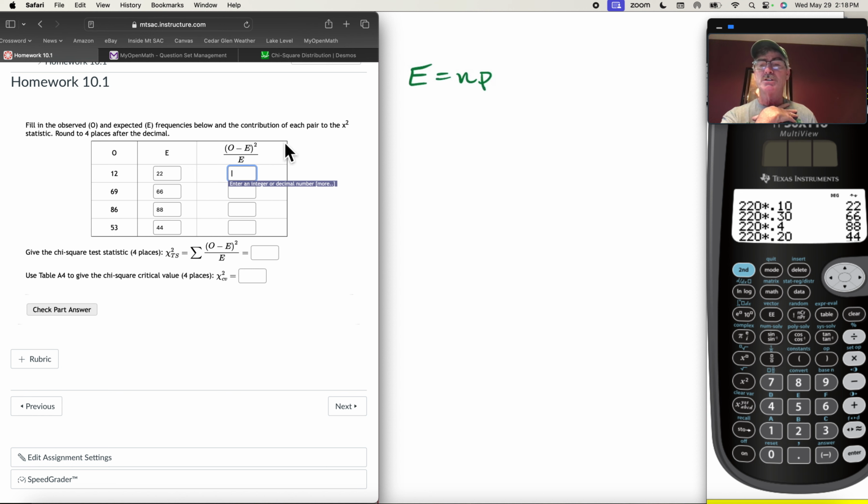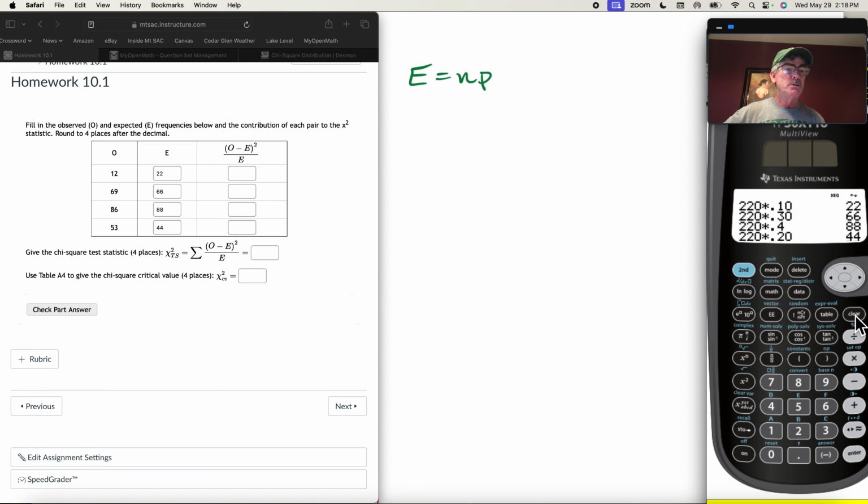For the chi-square statistic, you have to do O minus E squared over E for each of these categories, and it wants 4 places after the decimal here. So I'll start computing that.